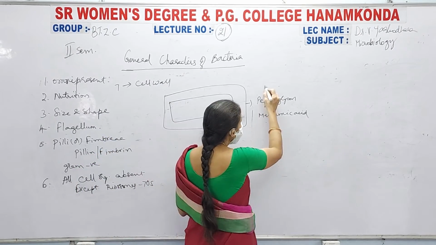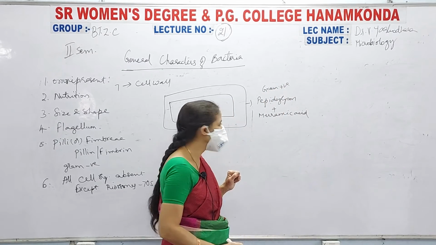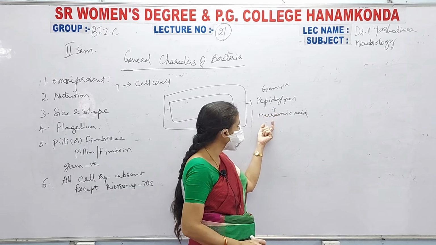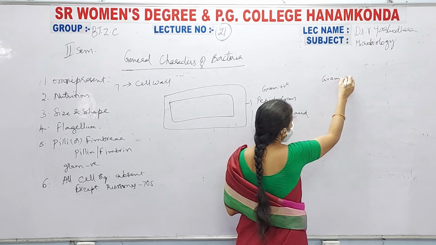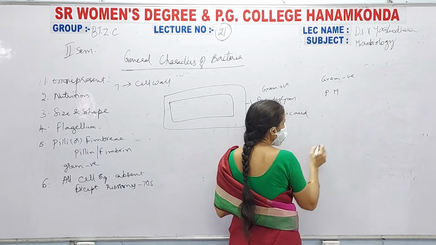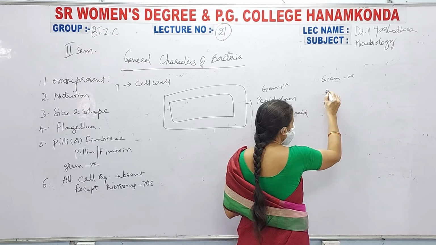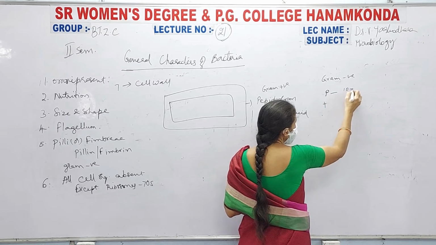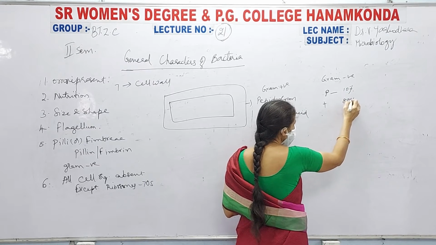In gram positive bacteria, the cell wall consists of peptidoglycan plus muramic acid, and gram negative bacteria have peptidoglycan plus muramic acid plus lipids.